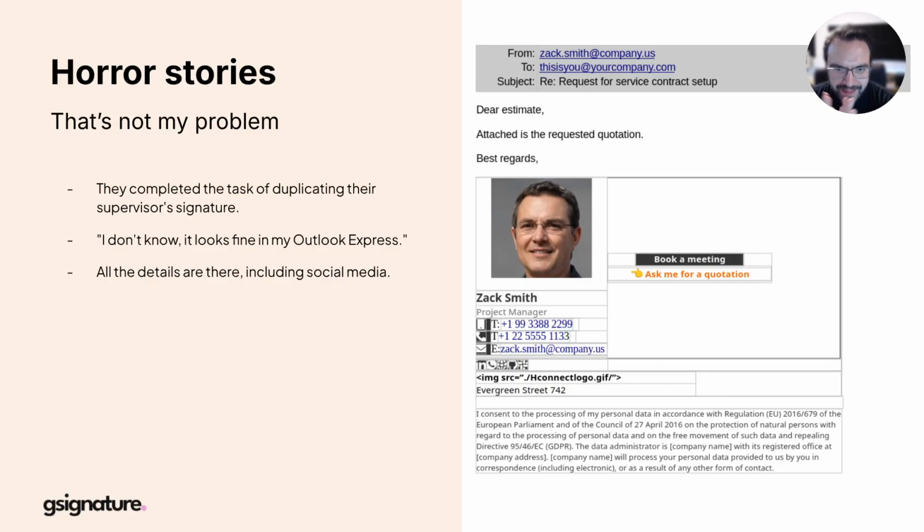And honestly, he's not wrong. You can't expect every employee to be a tech expert or have the design instincts of a marketing pro, right? So here's the thing. If you look closely, almost everything is there. His contact info, even the legal disclaimer at the bottom, but the technical execution just isn't easy for everyone.